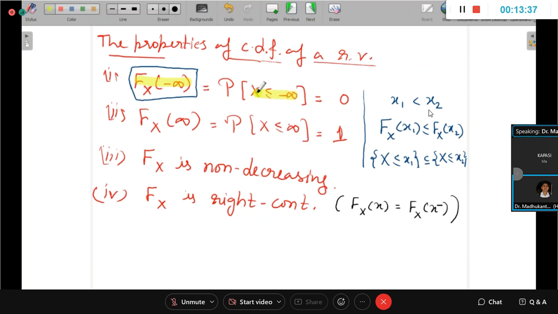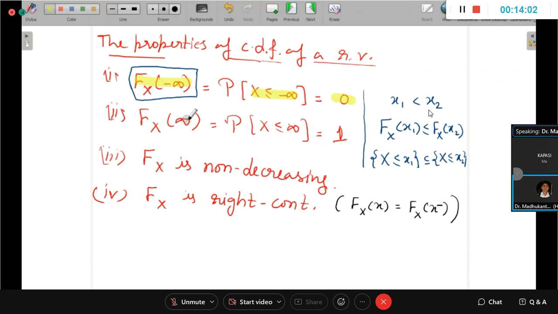X less than or equal to minus infinity is an impossible event. X is always strictly greater than minus infinity, it cannot take minus infinity or plus infinity. So this is an impossible event, and this is going to be 0.